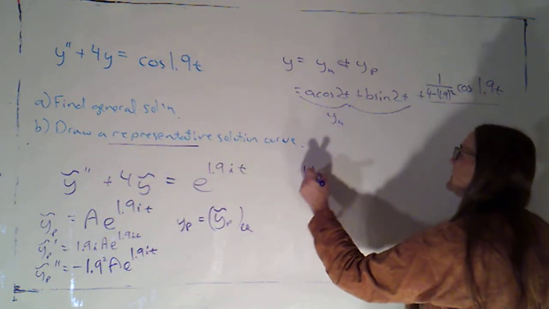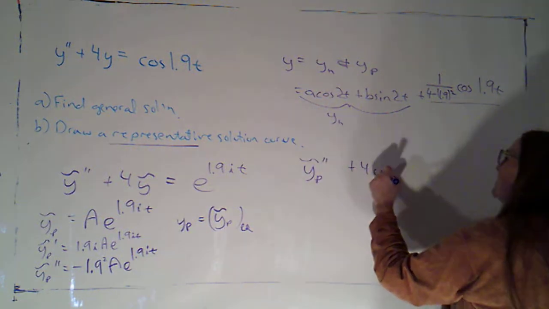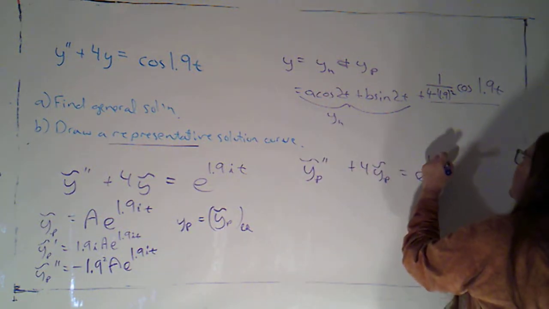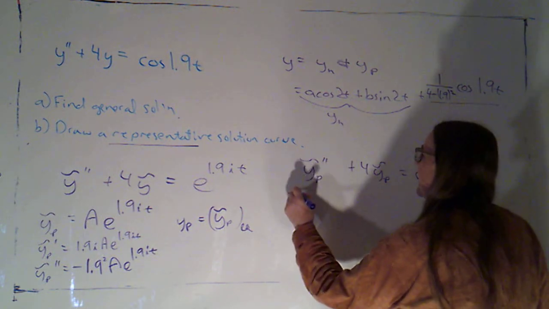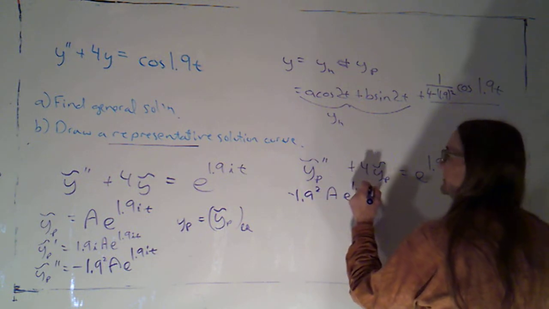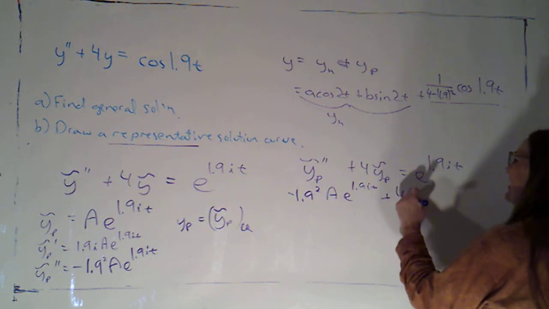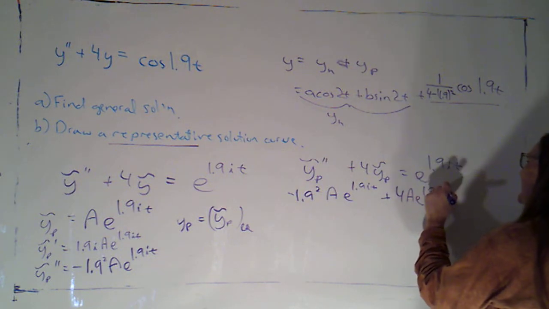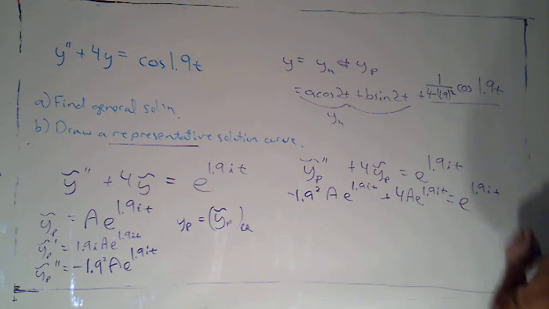So if I plug this in, yp tilde double prime plus 4yp tilde has to equal e to the 1.9it. So this is negative 1.9 squared times a e to the 1.9it plus 4a e to the 1.9it has to equal e to the 1.9it.